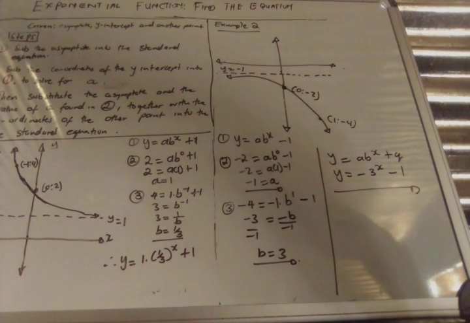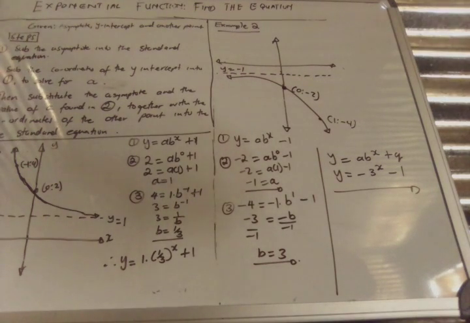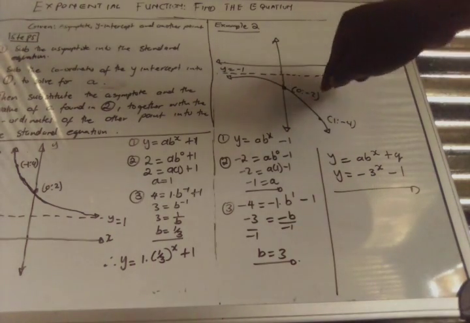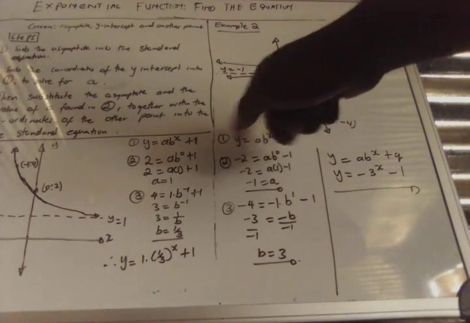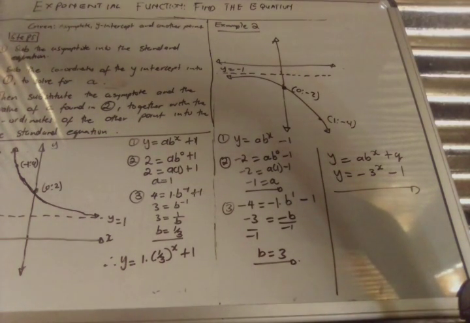The next step is to substitute the coordinates of the y-intercept, which are 0 and -2, into the equation that we just got in step 1. Then y is negative 2 and x is 0. So we'll have negative 2 equals a b to the power 0 minus 1.